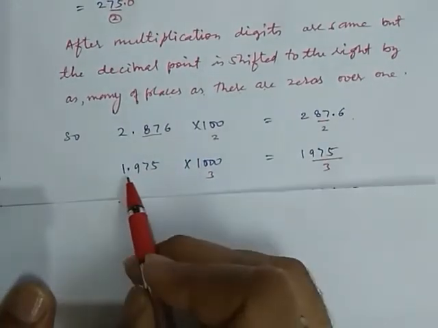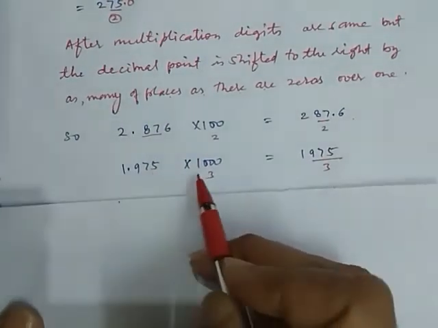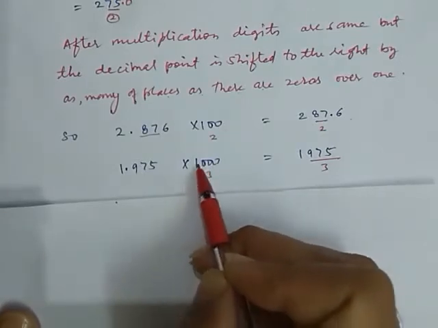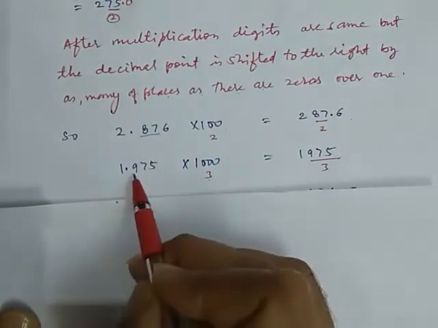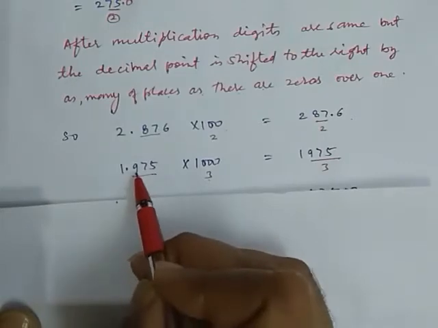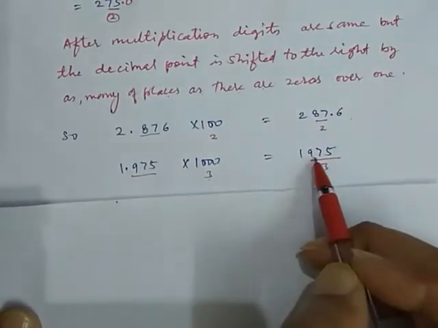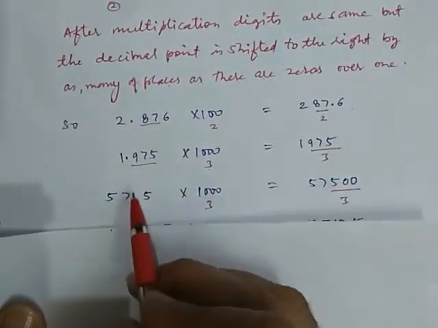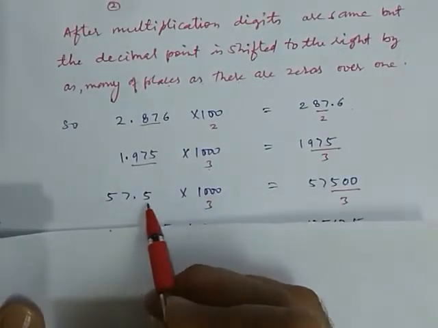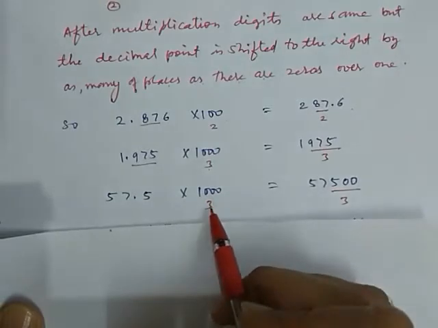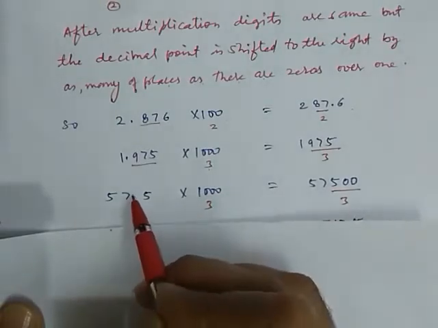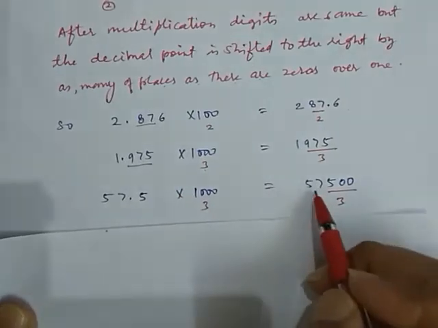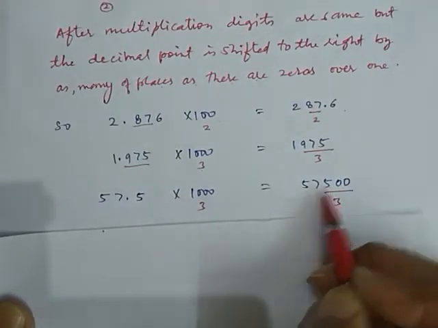Now we can take one more example. 1.975, and here we multiply by 1000, so the number of zeros is 3, so we shift the decimal by 3 places, 1 2 3, so it becomes 1975, okay. Places are 3. Now we can take one more example. 57.5 into 1000. Here there are 3 zeros, so this decimal shifted toward right by 3 places, so 575.